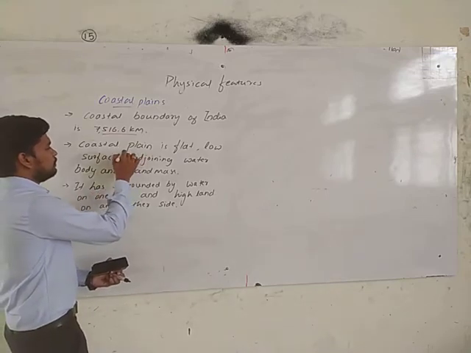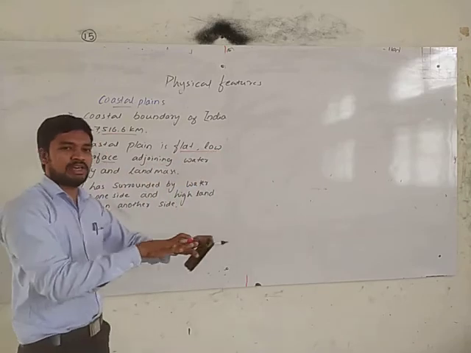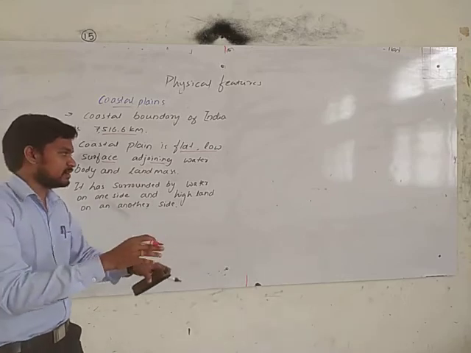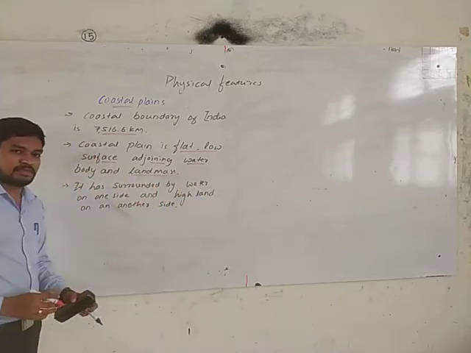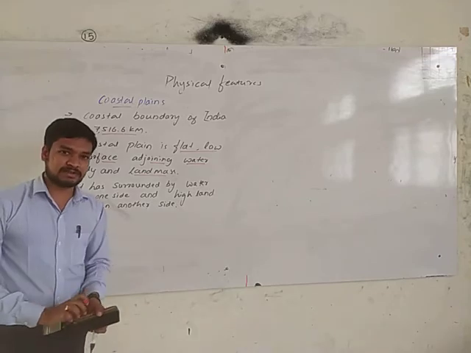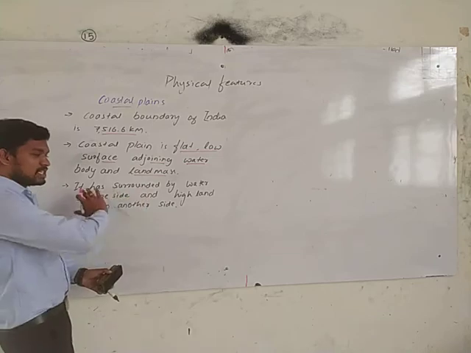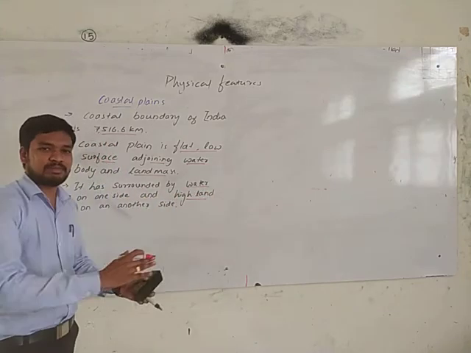So a coastal plain is a flat and low-lying area, joining and connecting both the water body and the landmass. It's a plain surface which connects the water body and landmass. One side of it will be covered by the water, and another side is connected to the highland.